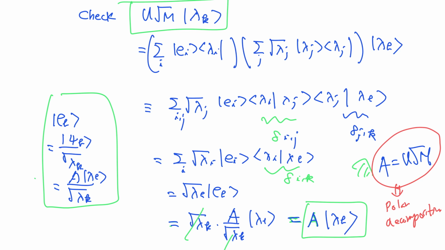So any non-Hermitian matrix A can be written as a product of a unitary matrix and the square root of a Hermitian matrix, which is obtained by taking A dagger A. Here, M.